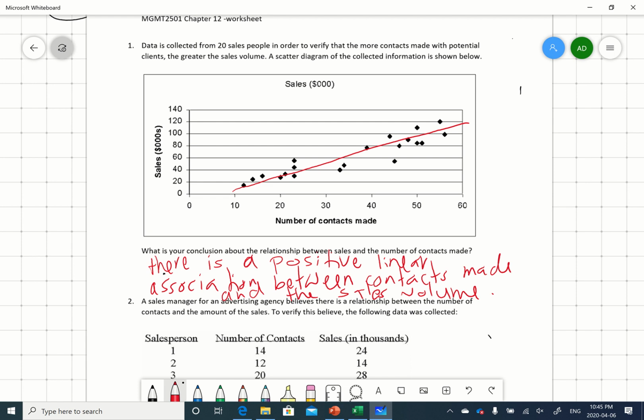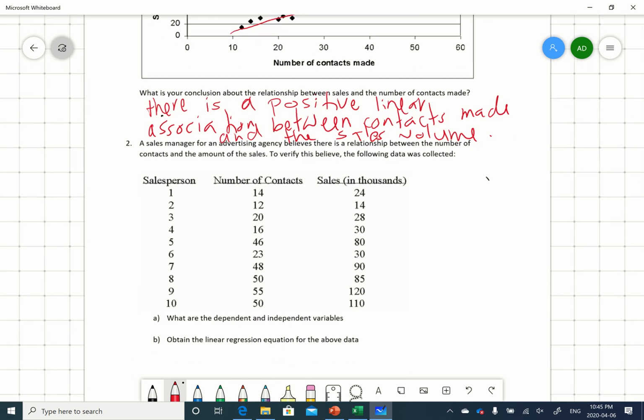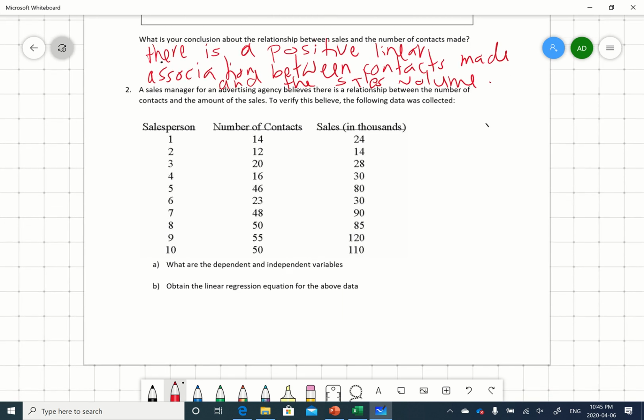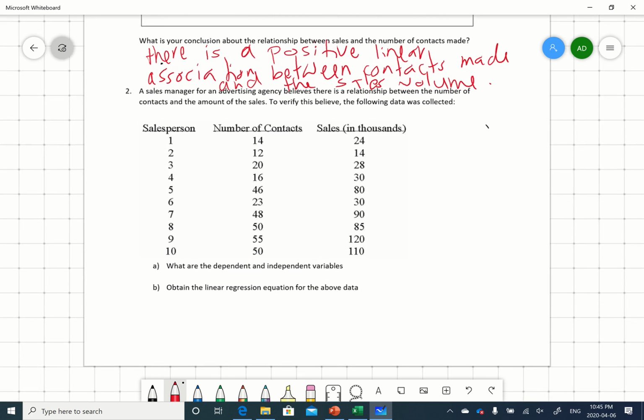Some of you may say, okay, it looks like a strong linear association. Some of you would say, no, it's just a moderate linear association. So that part could vary in an answer. If you have to predict about the association between two variables using a scatter diagram, your answers may slightly vary, and that is okay.